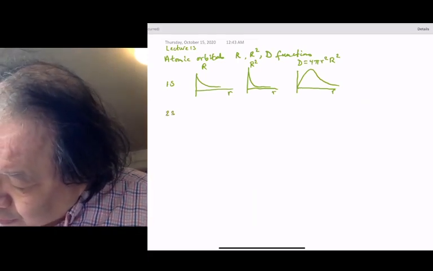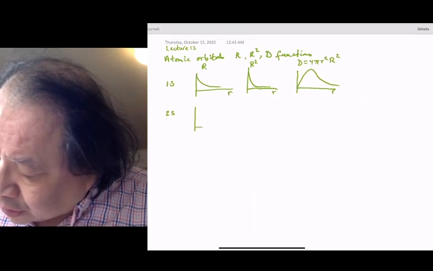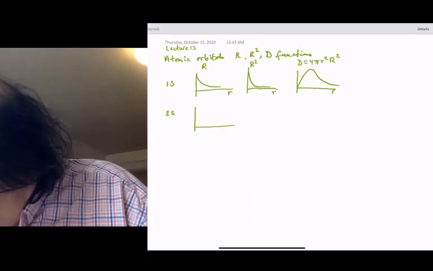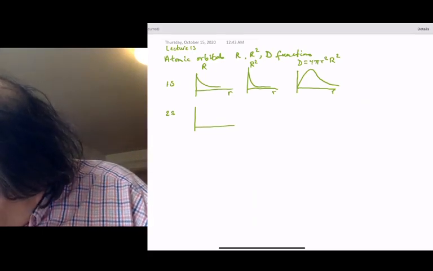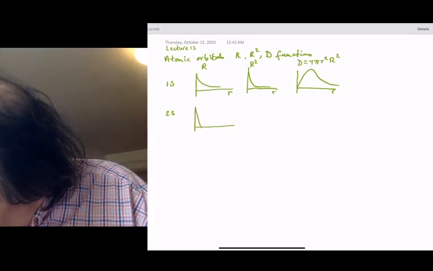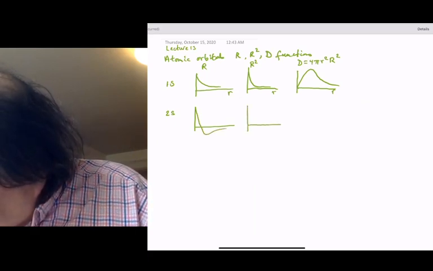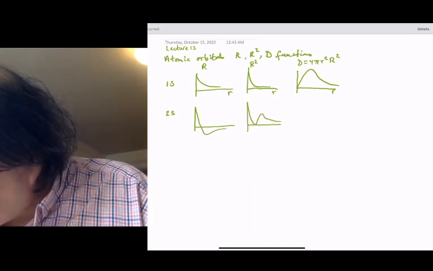2s. S orbitals, do they start at 0 or not 0? Put it in chat. They start at non-zero. There's a big node followed by a little node. When I square it, I get this. That's the R squared.